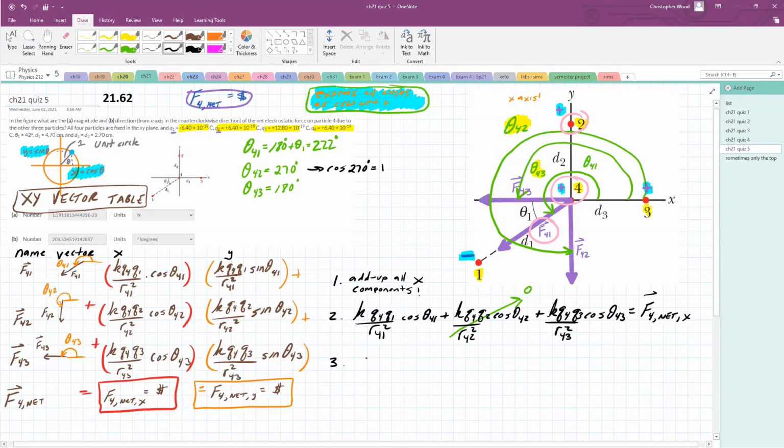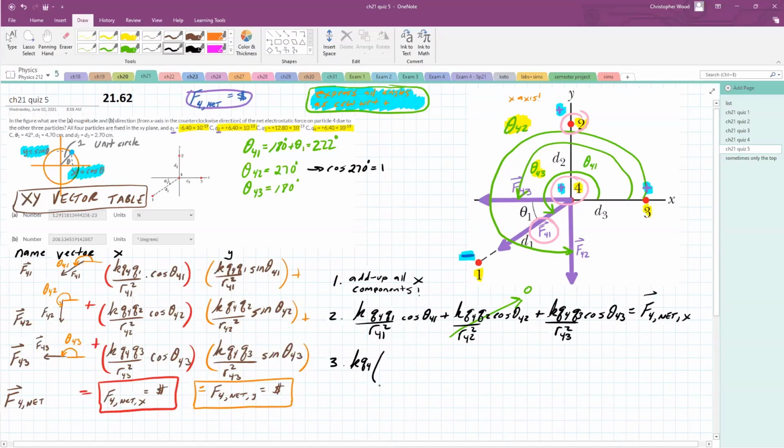We're still on the x components. Maybe I'm going to factor out a k q4. I'm pulling out a common factor from step 2.